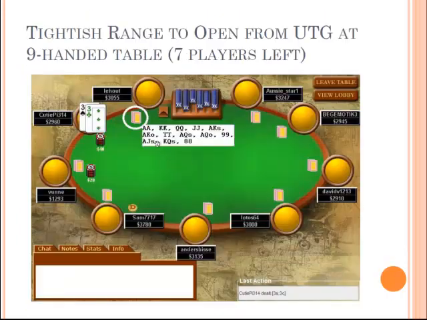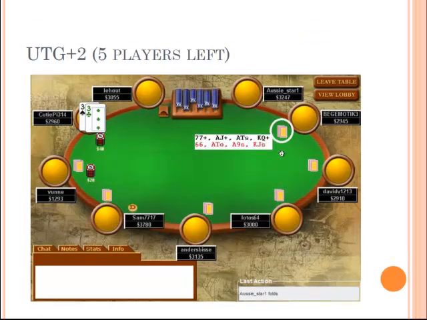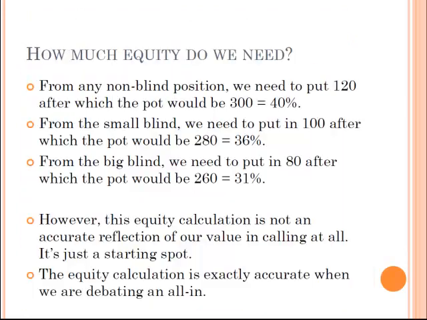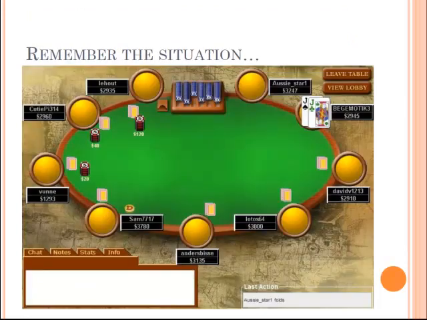I said if someone opens under the gun, they probably have one of these hands, right? So you can approximately put them on that range, and you can calculate your equity using PokerStove when you have pocket jacks. And that's a good starting point to figure out whether you should be calling with these pocket jacks.